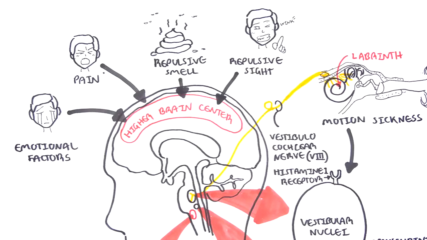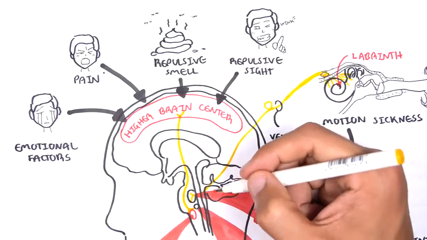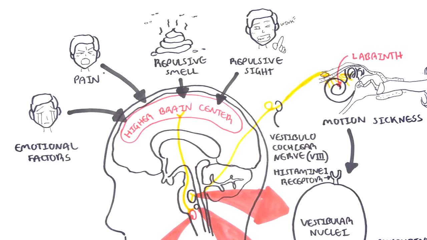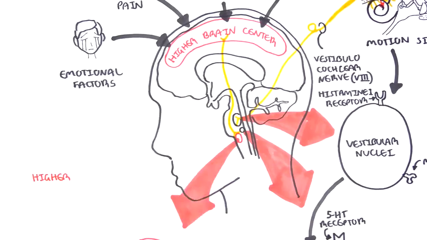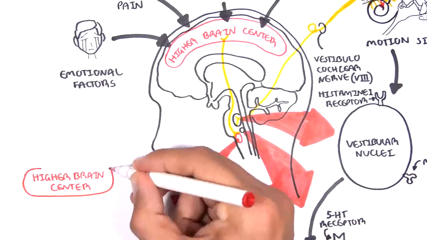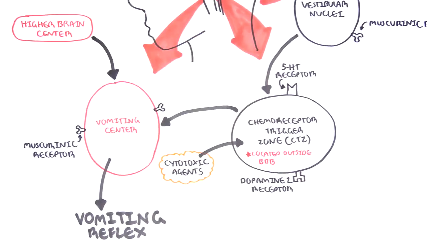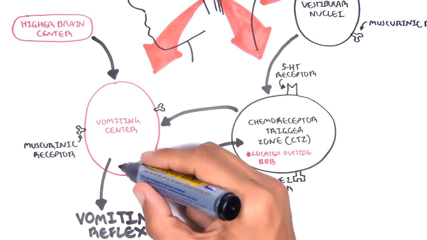And from the higher brain centers, this signal will then travel down to the vomiting center to stimulate the vomiting center to initiate the vomiting reflex. This makes sense because some people get really nauseous when they see blood or guts, or they smell something like a type of food that just smells horrible. Again, the higher brain centers stimulate the vomiting center through muscarinic receptors.